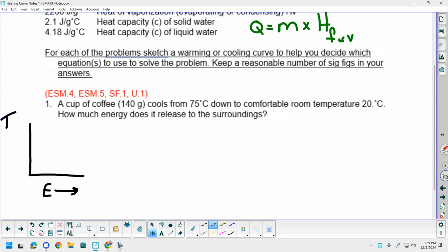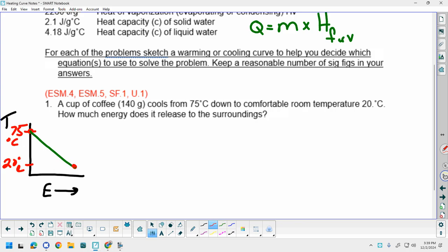It says we're starting at 75 degrees Celsius. And by the time this coffee is done cooling down, it's going to be down to 20 degrees Celsius. So we're starting here and we're ending up here, and if we draw a line between those two, there's our little graph.